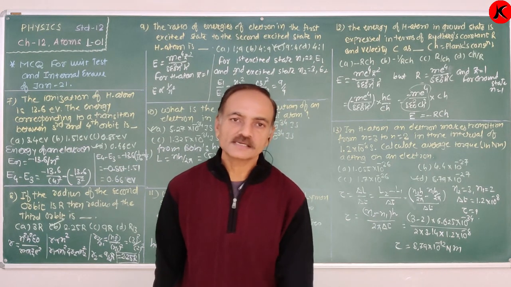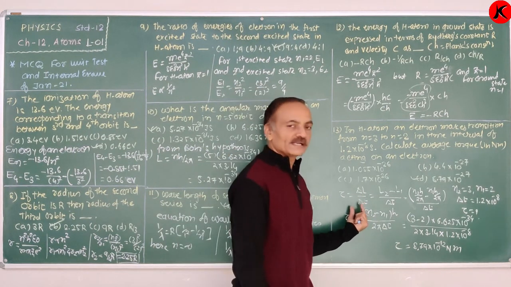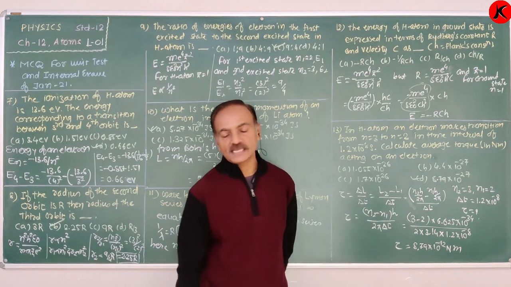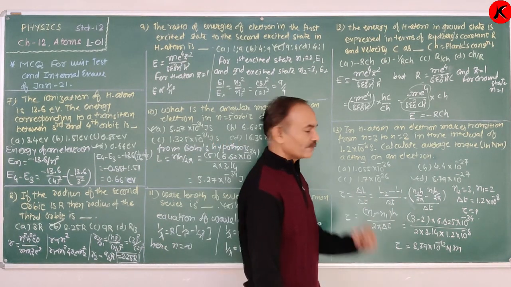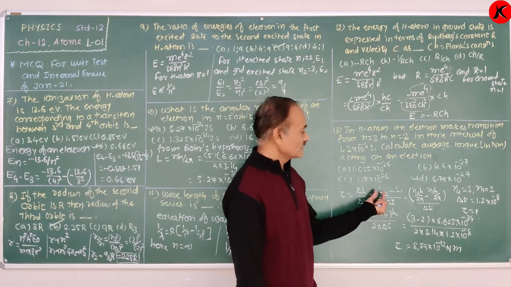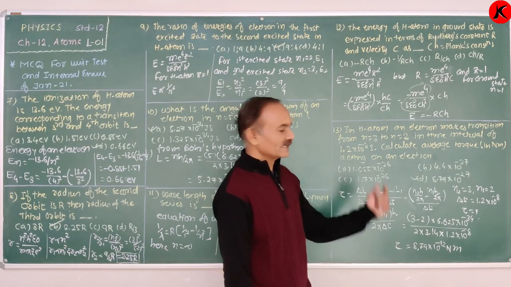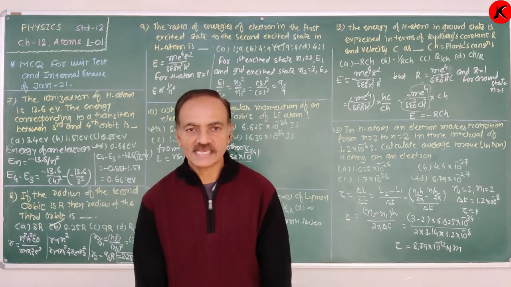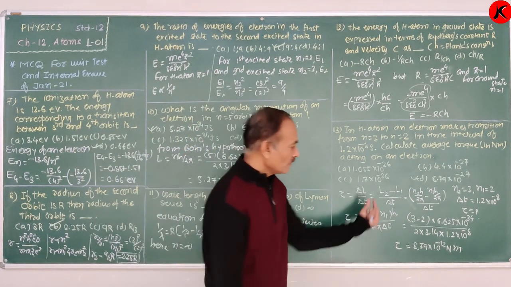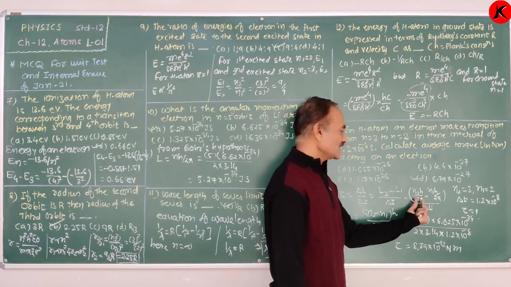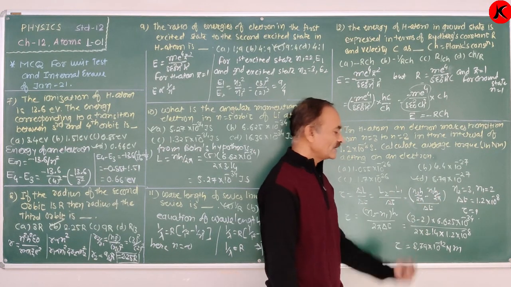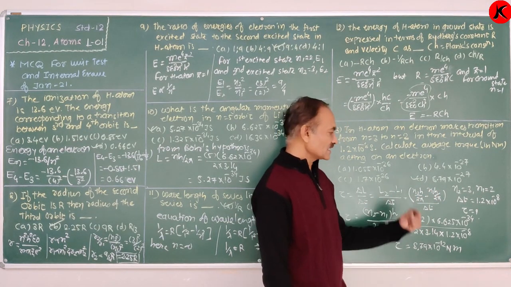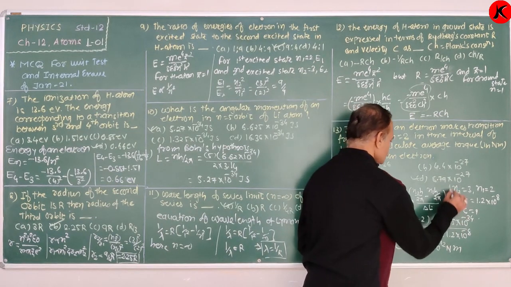Here the torque is the time rate of change of angular momentum. Therefore, L2 minus L1 upon delta t. Substitute the value of angular momentum from Bohr's hypothesis, nh upon 2 pi. So, final angular momentum n2 h upon 2 pi, initial n1 h upon 2 pi, upon delta t.